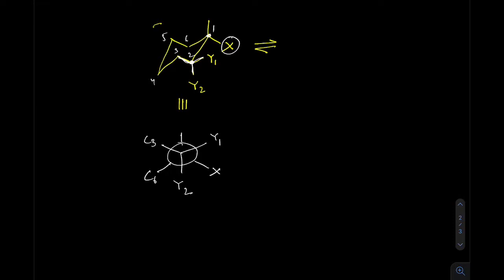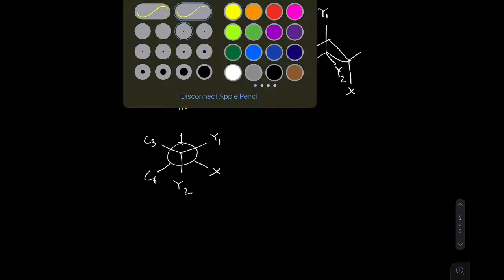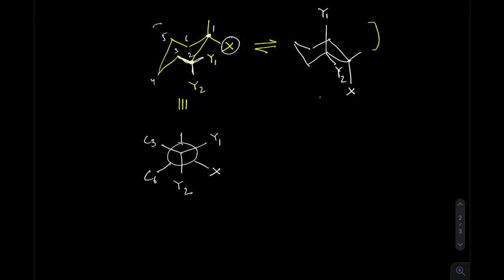When this flips, it looks like this, where the equatorial Y1 becomes axial Y1, the axial Y2 becomes equatorial Y2, and the equatorial X becomes axial X. And if we draw the Newman projection of that particular cyclohexane, it looks like this.